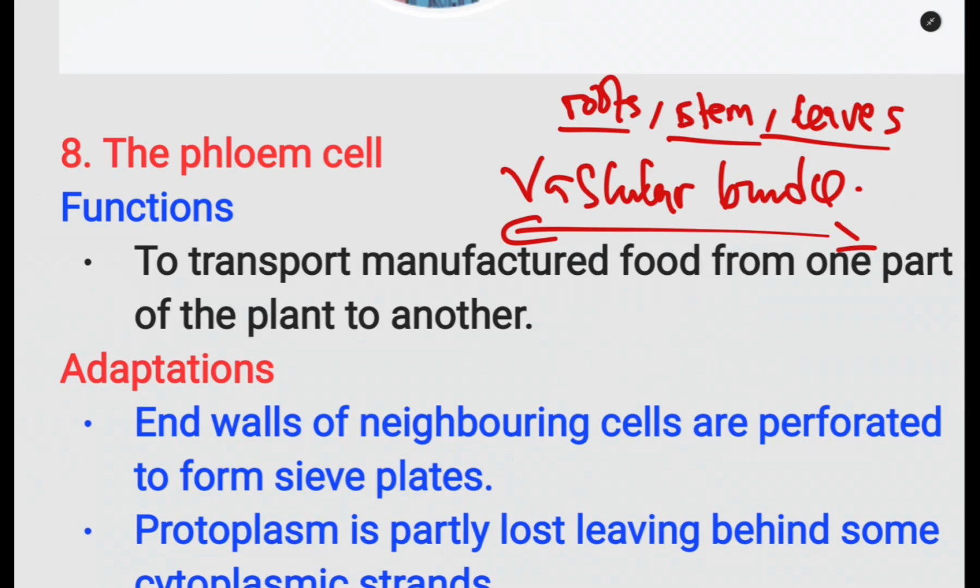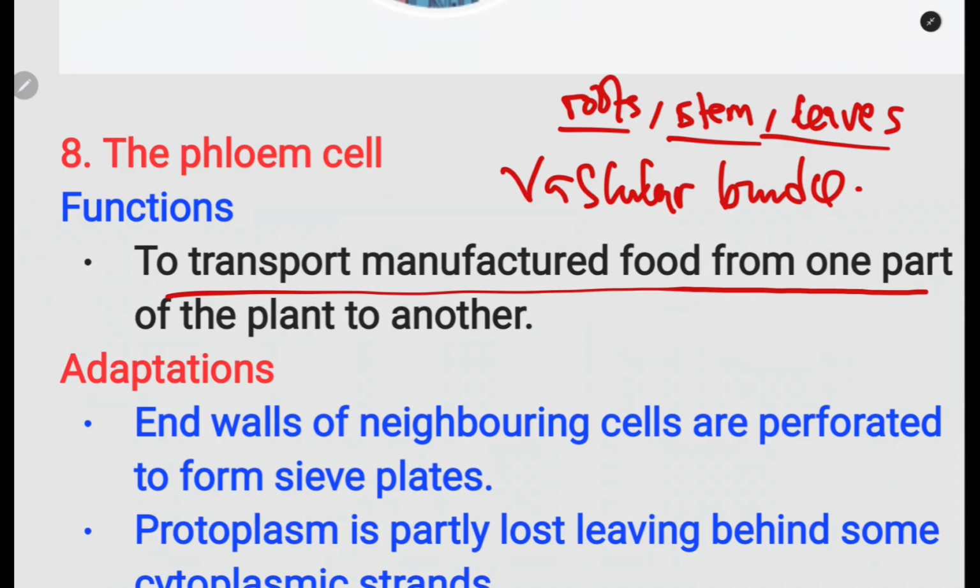What are the functions of the phloem? The function of the phloem is to transport manufactured food from one part of the plant to another. Just stay up to the end.